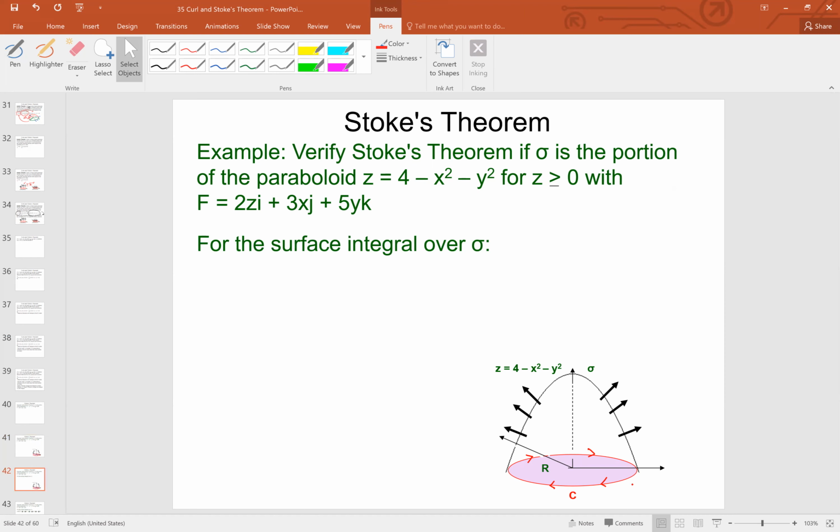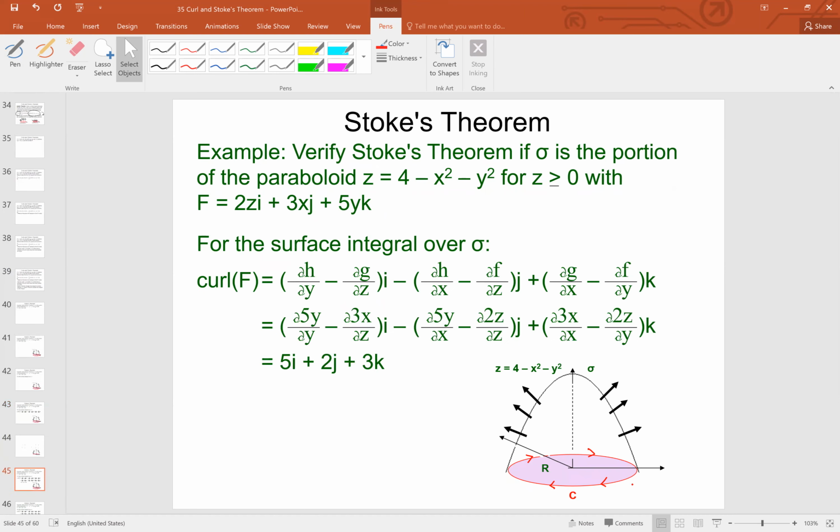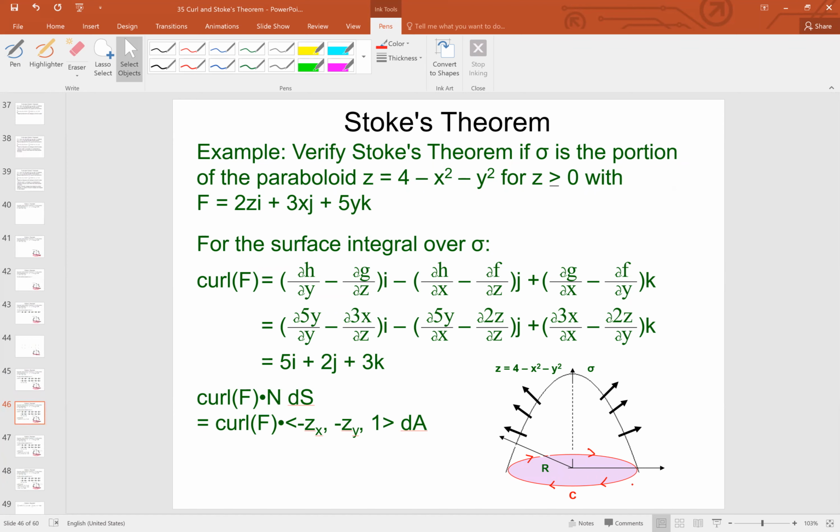So do the surface integral first. We calculate the curl, which comes out to be a constant vector. Dotting with the unit normal and the surface differential is the same thing as dotting with the partial normal, not normalized.